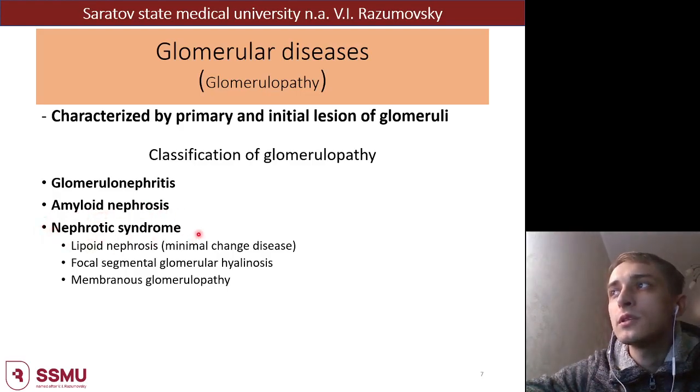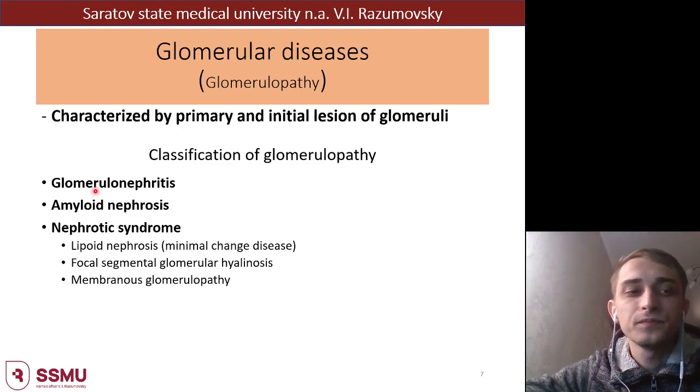And nephrotic syndrome includes lipoid nephrosis, focal segmental glomerulosclerosis, and membranous glomerulopathy. All of these diseases will have the same clinical manifestation, and the most important differences will be the etiology of the process, localization of it, and outcomes.